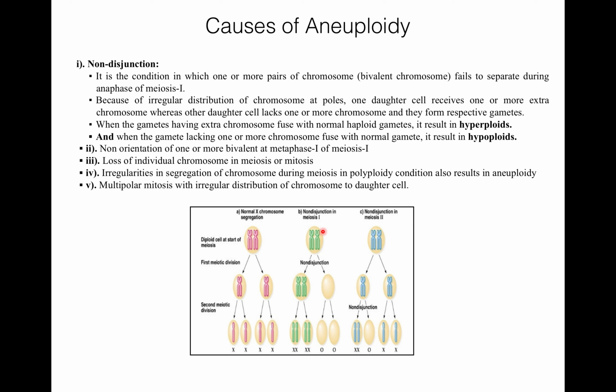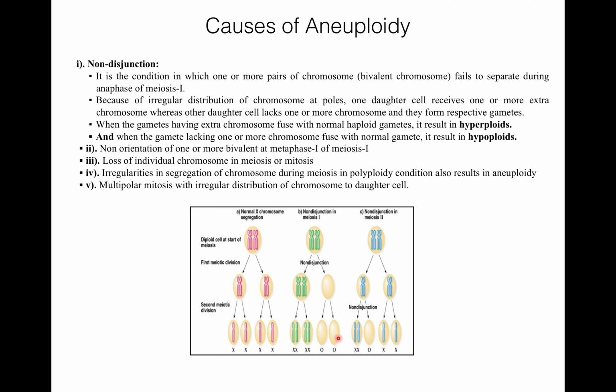If it occurs during meiosis first, then what will happen? You can see, this is a diploid cell. In this diagram, one daughter cell gets the chromosomes, but the other daughter cell is not getting any chromosome. From each daughter cell, two cells are again formed after the second meiotic division.